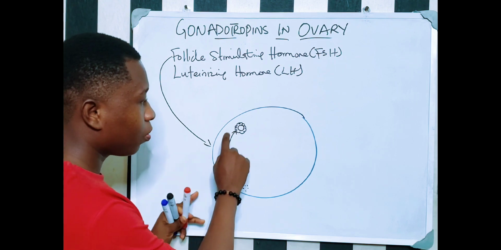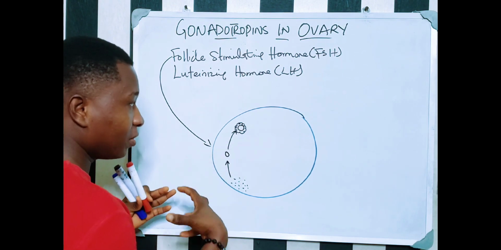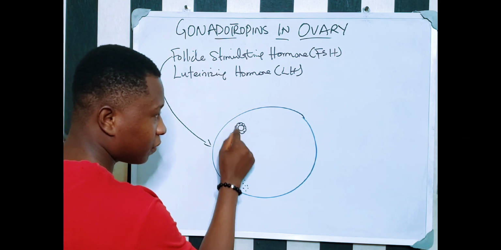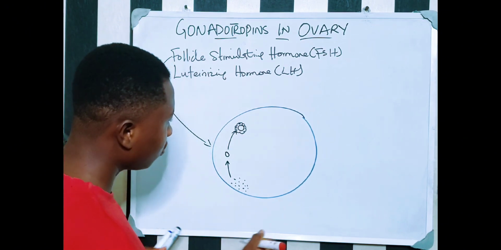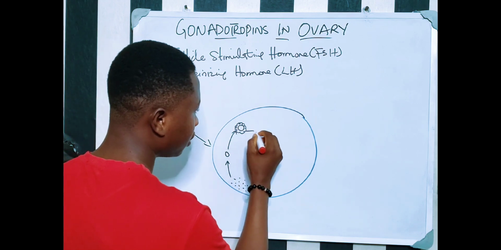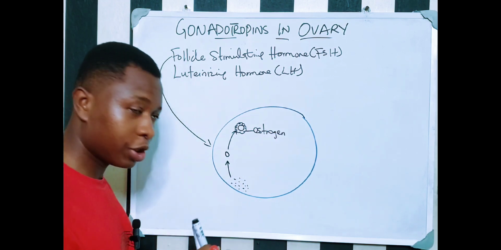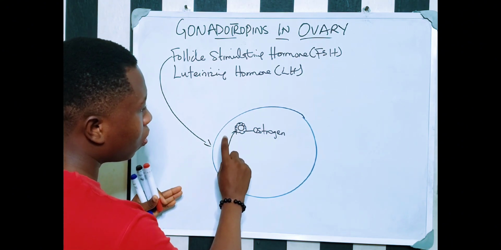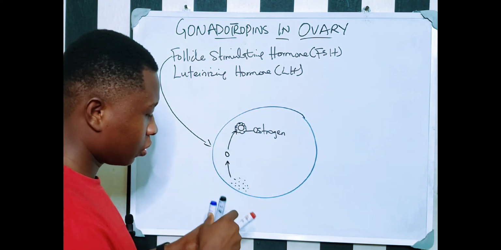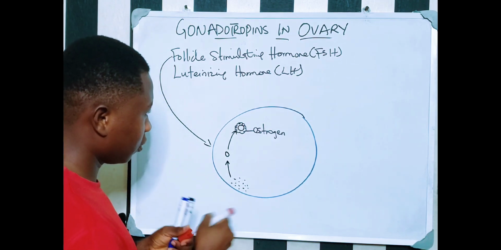When the cells are formed, this follicle begins to produce hormones. And one of the hormones it produces is estrogen.